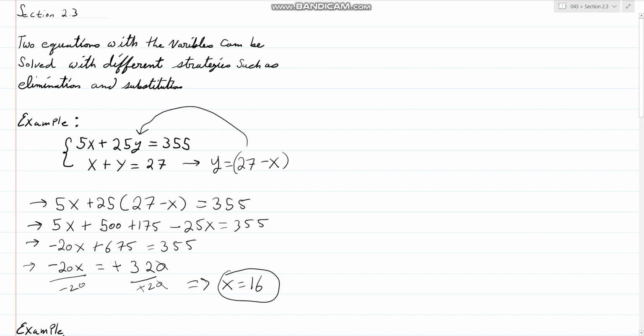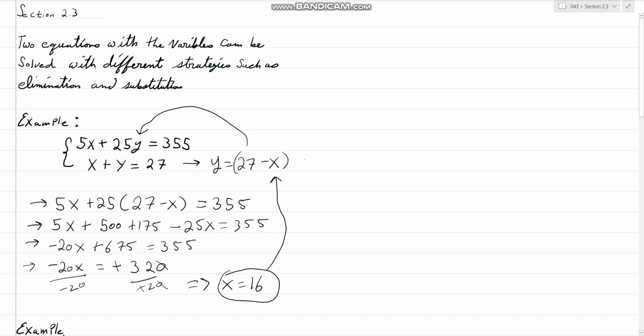Hopefully my mental math stuttering didn't waver from your understanding of how I'm solving this. Again, going back, I solved the second equation for a variable. I put y in terms of x, plugged it in the first equation, and then solved the first equation for x. Now I can go back and plug this in for x.